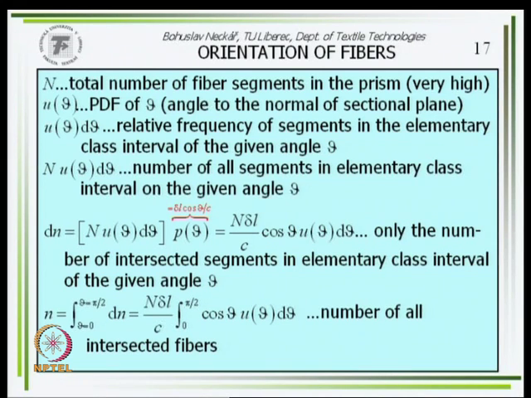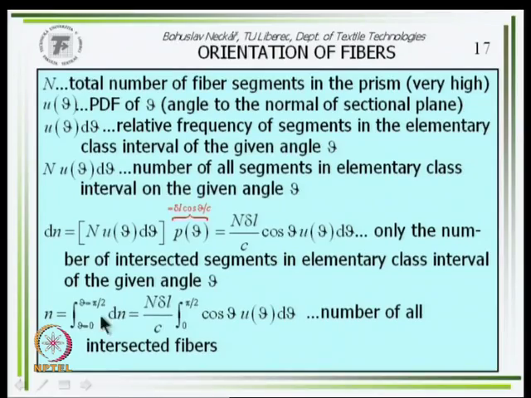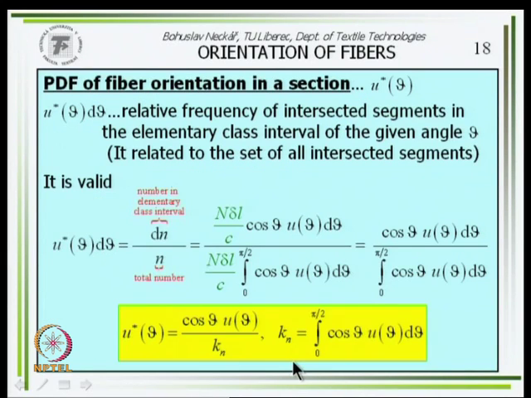Because the S was similar to other letters like A, X, Y, and so on, he used a longer and longer S, up to today's symbol of integral. So an integral is a sum, some type of summation, isn't it? So we must sum our result over all directions, and we obtain this here, then this here. It is the number of all intersected fibers, evidently.